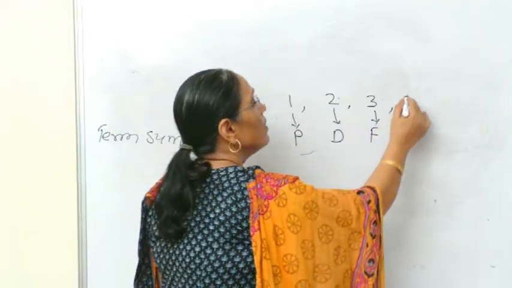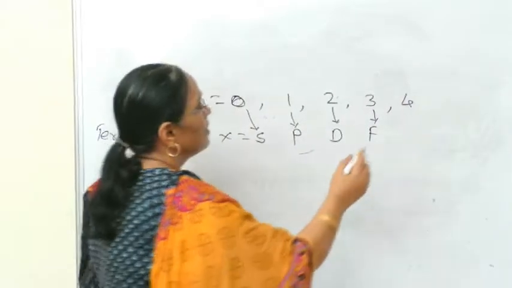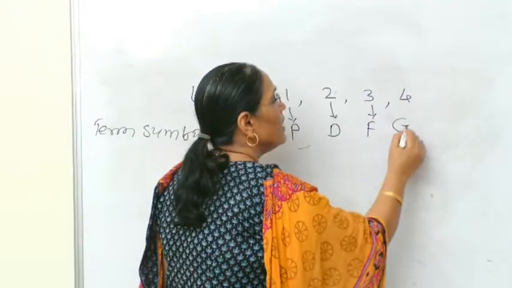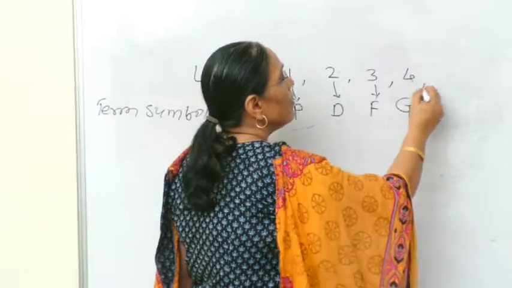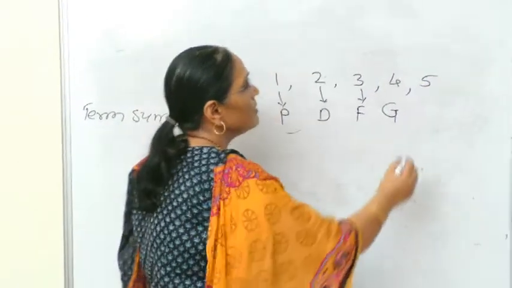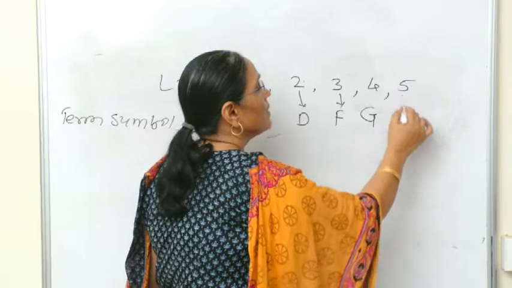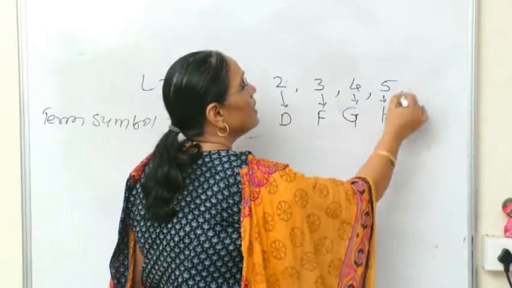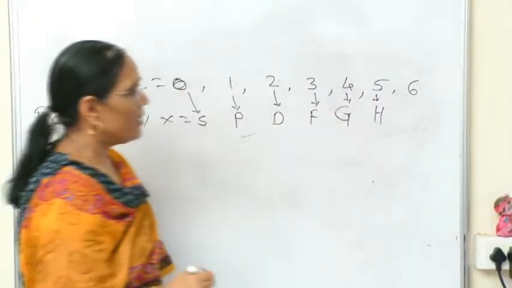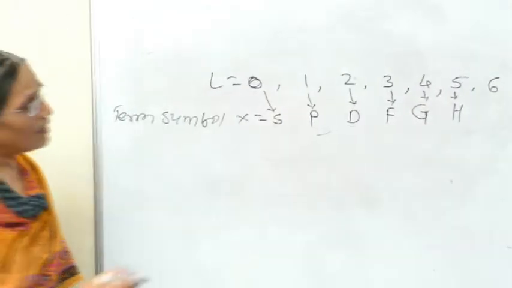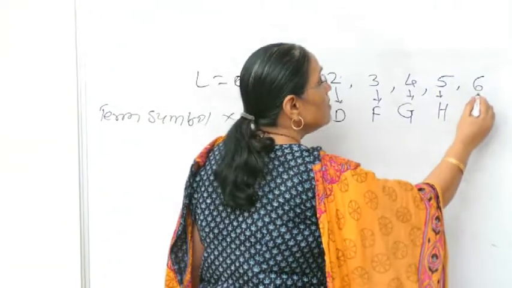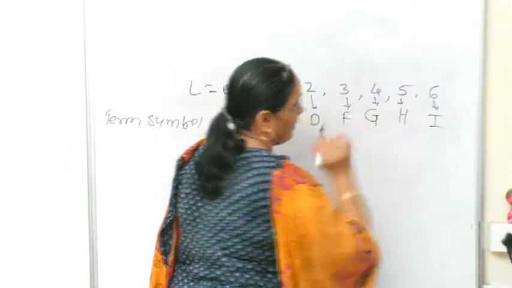When the L value is 4, the term symbol is G. When the L value is 5, the term symbol is H. And when the L value, the total orbital quantum number, is 6, then the term symbol is R.